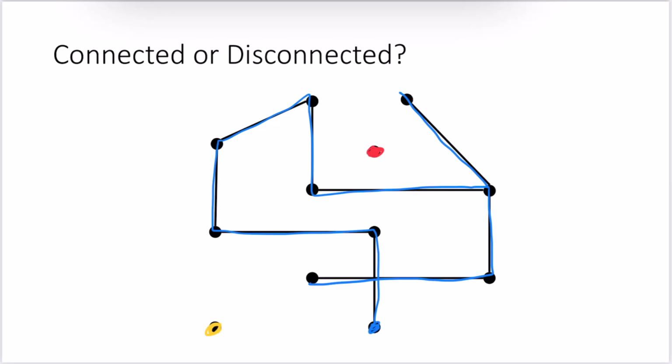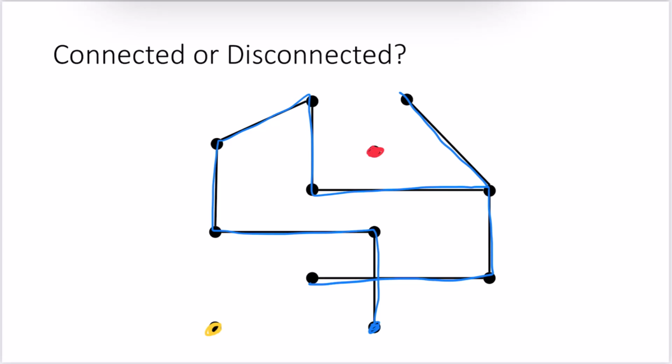And so that means that this would be a disconnected graph, and it basically has 3 connected components. So you've got the blue connected component where, for everything in the blue part of the graph, you can get a path between any of the vertices, but you can't get to the red component or to the yellow component.